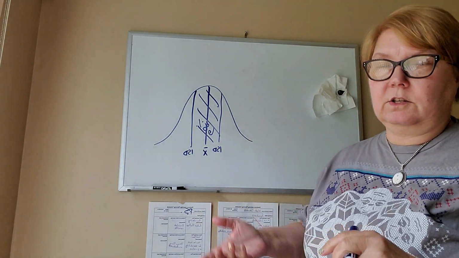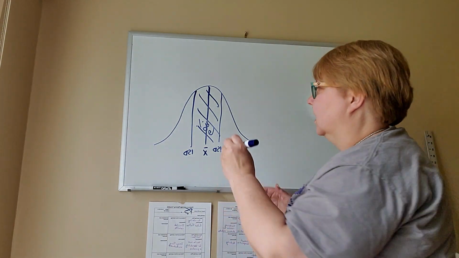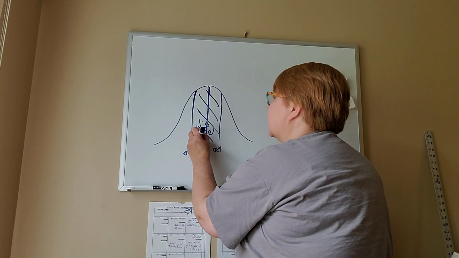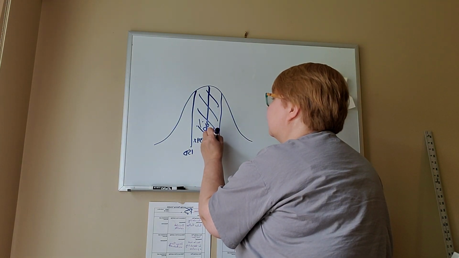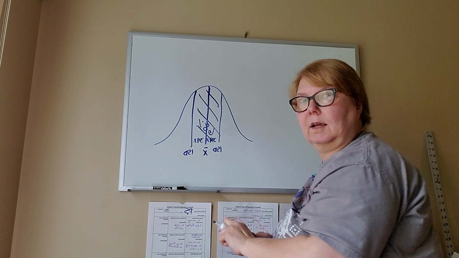Using symmetry, that means 34% is here and 34% is there, okay?